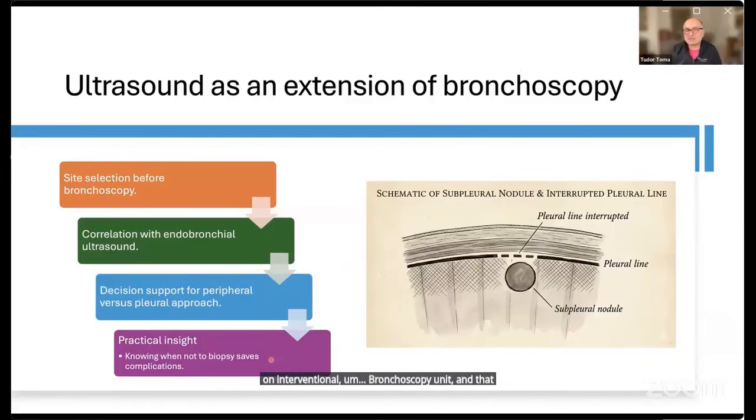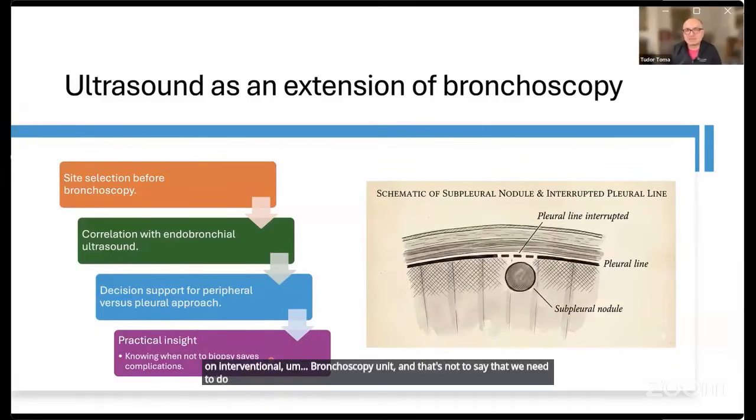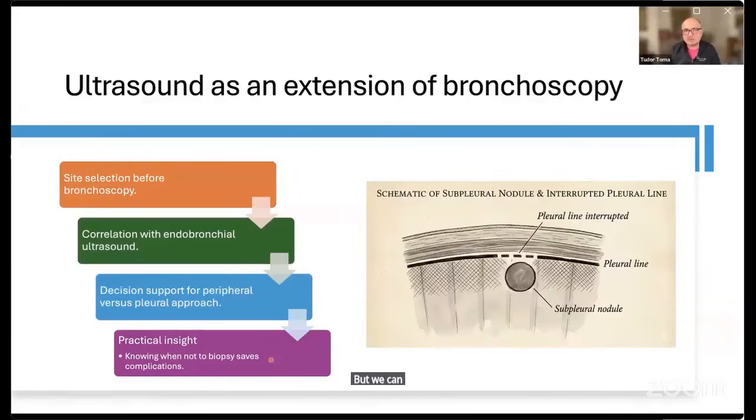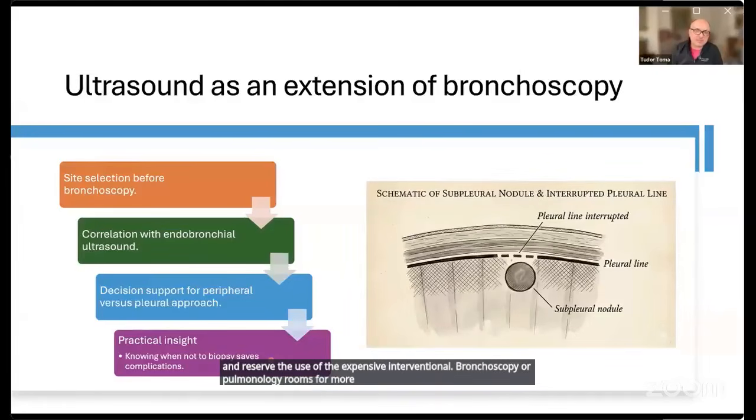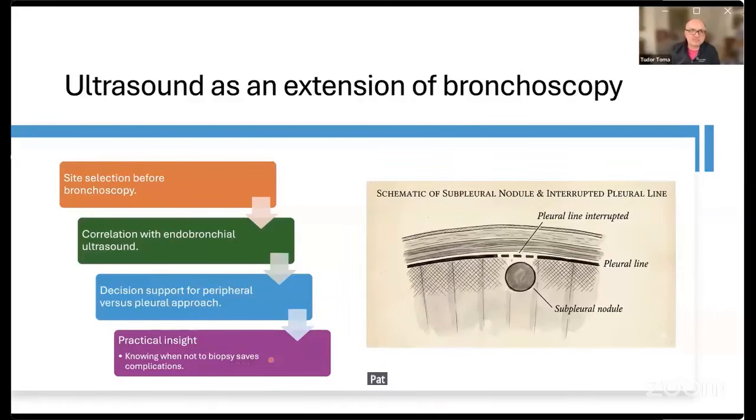That's not to say that we need to do everything in these peripheral centers, but we can stratify and do what we can in the periphery and reserve the use of the expensive interventional bronchoscopy or pulmonology rooms for more complex patients and complex procedures.